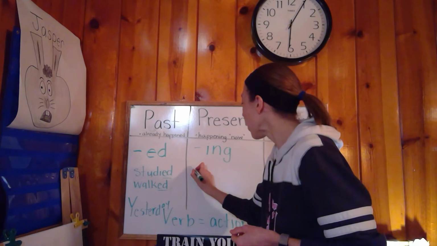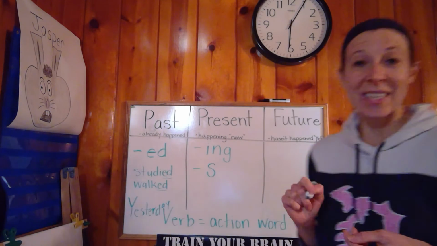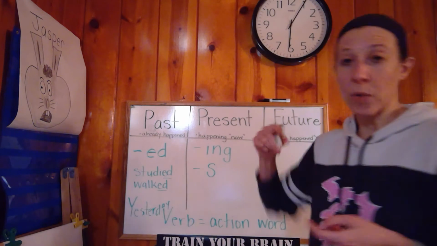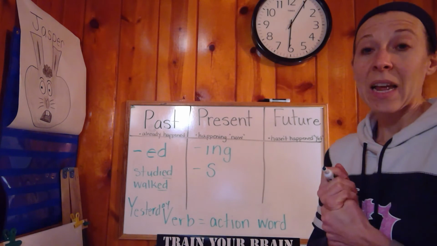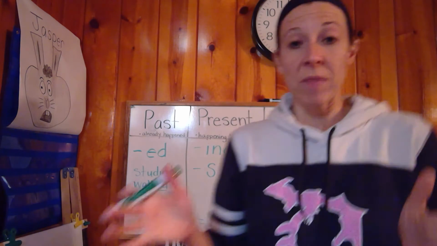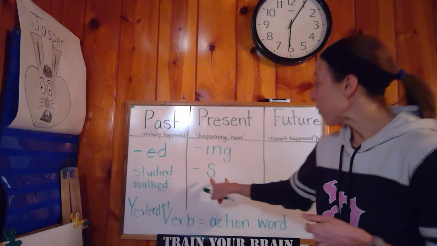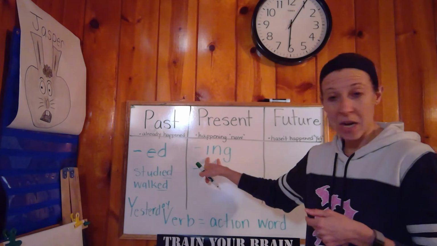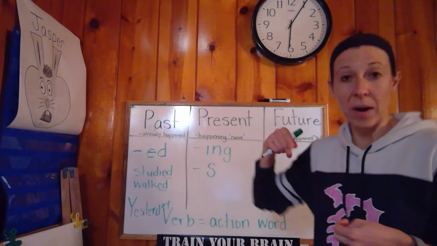Another letter that could be at the end of a verb, the letter S. And that also means it's happening right now. Stands. She stands at the table. That means I'm doing it right now. Okay? So if you see an S or an ing at the end of a word, that means it's happening right now, and that's the present.